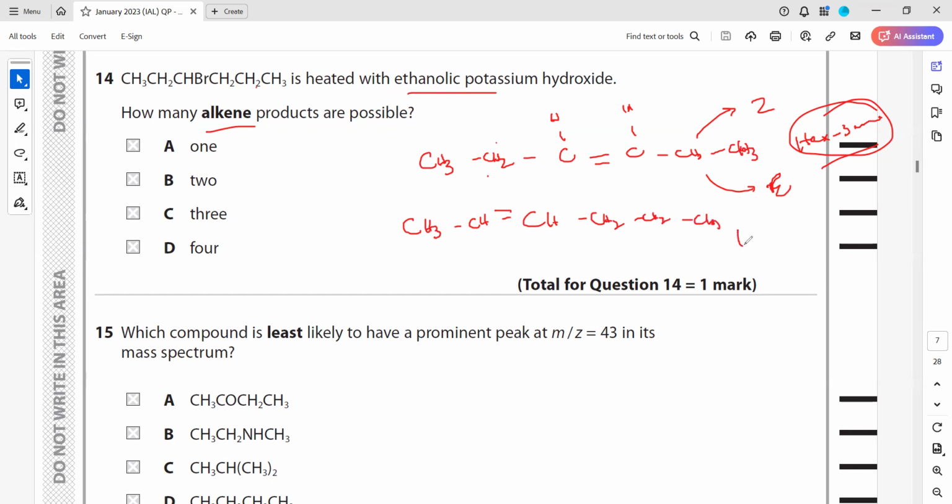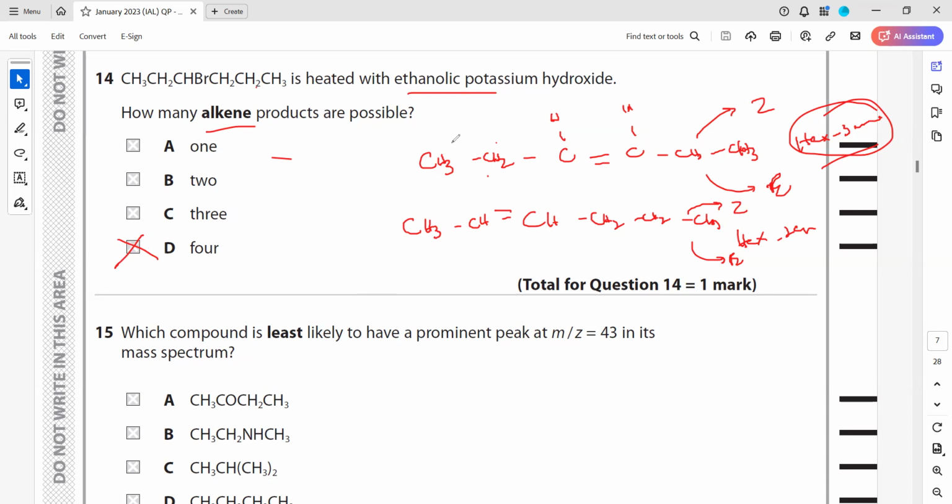So this might produce hex-2-ene. But this hex-2-ene can also have geometrical isomers. It can be Z or it can be E. So two geometrical isomers of hex-3-ene and two geometrical isomers of hex-2-ene are possible. That's why the total number of products possible is 4 here.